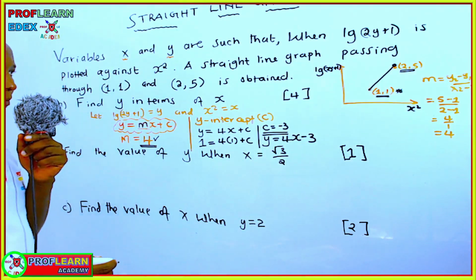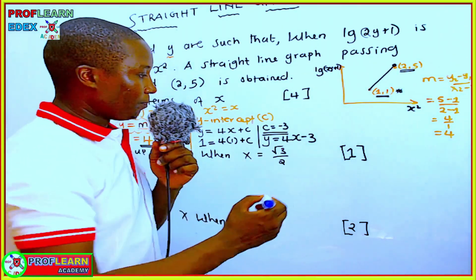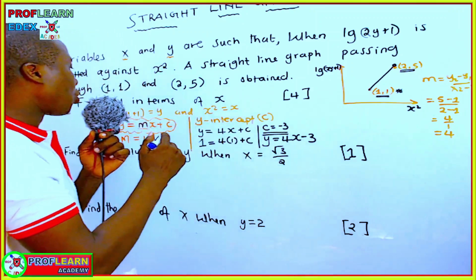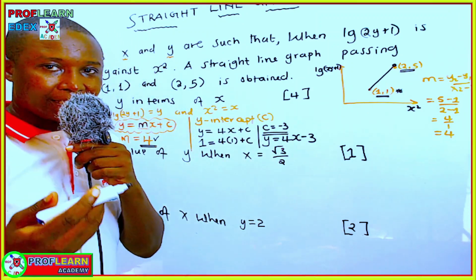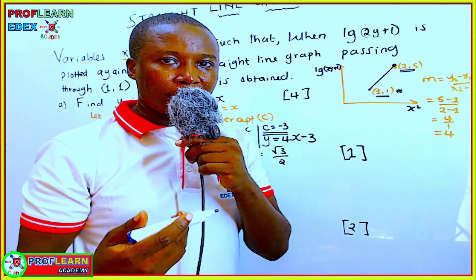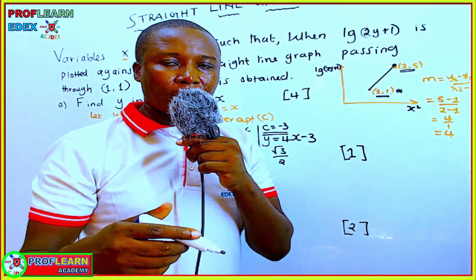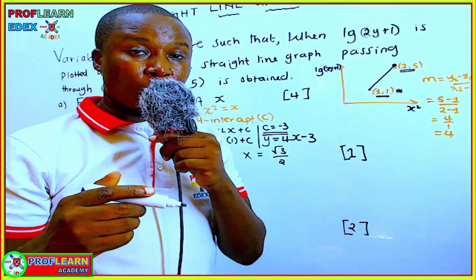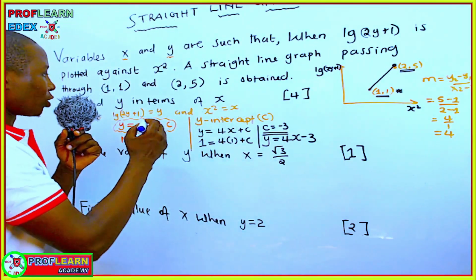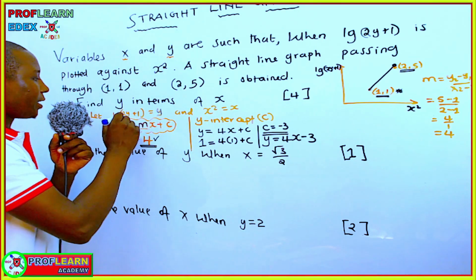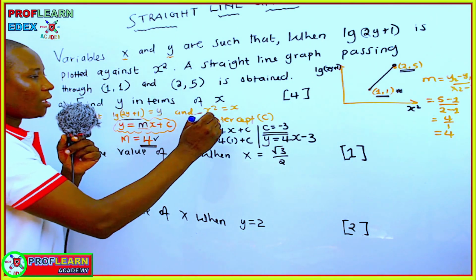Once we have this equation, remember we had let log 2y plus 1 be equal to y. So we need to replace this with the initial original value.